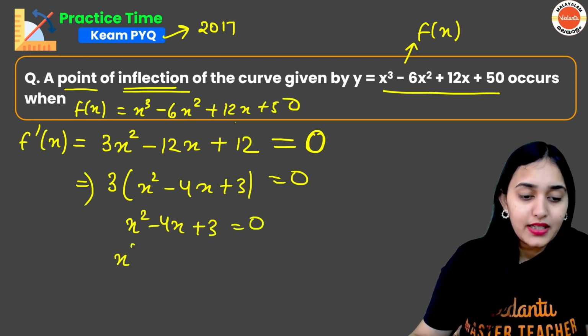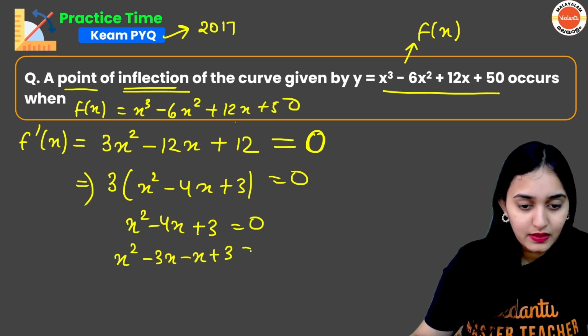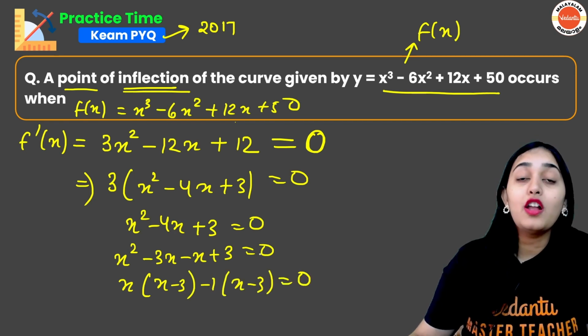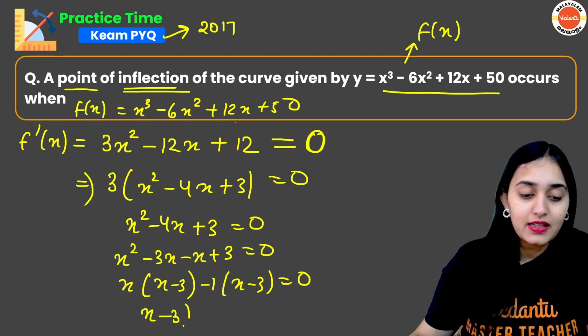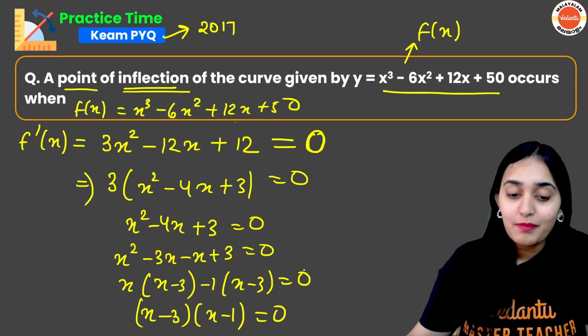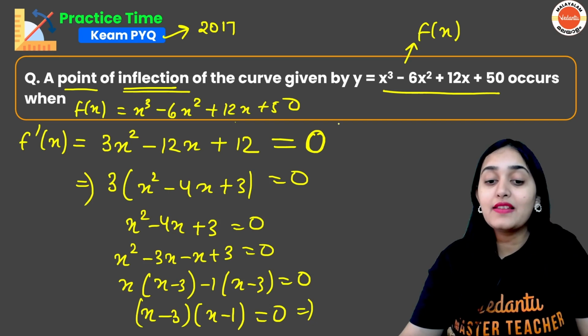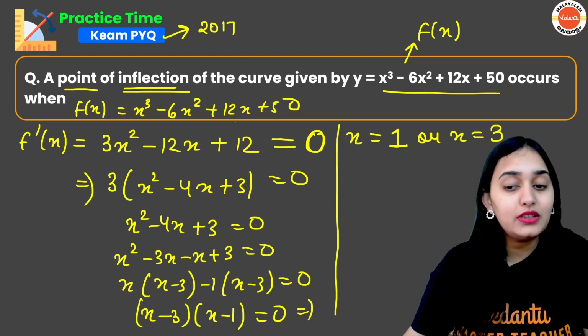Now if I simplify this, x square minus 3x minus x plus 3 equals 0. x common, x minus 3, minus 1 common, x minus 3. I am just solving a quadratic equation. So x minus 3 into x minus 1 equals 0. This implies x is equal to 1 or x is equal to 3.